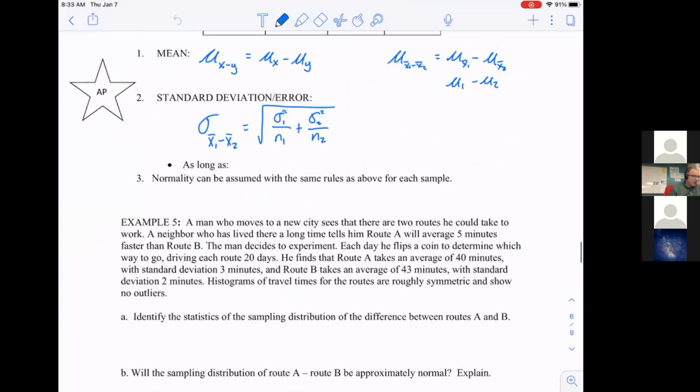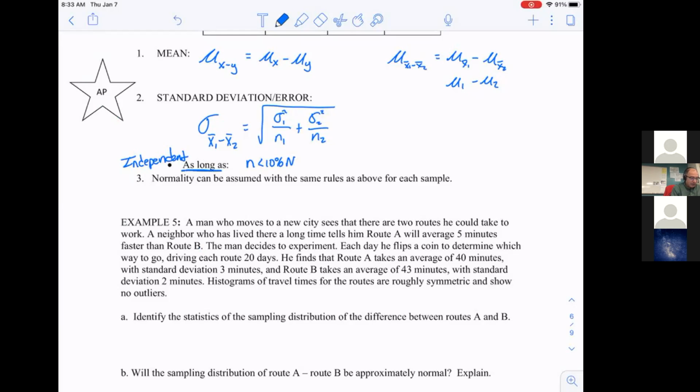Alrighty. Normality. So as long as we have a couple of different things stuck in here, I didn't do a very good job of spacing this out. We can do this as long as we are independent. Independent means my sample size doesn't get too large, and remember, that is n is less than 10% of N. That kind of just snuck in there.